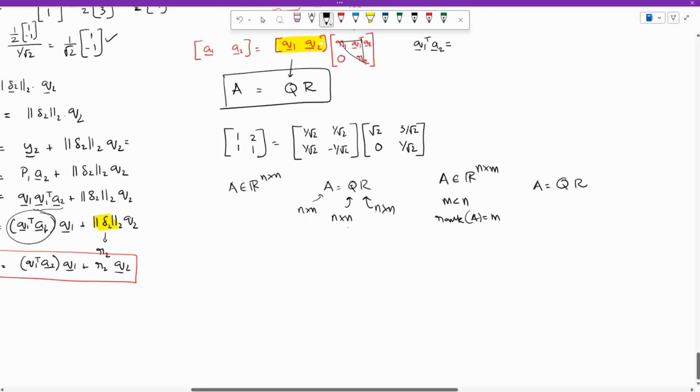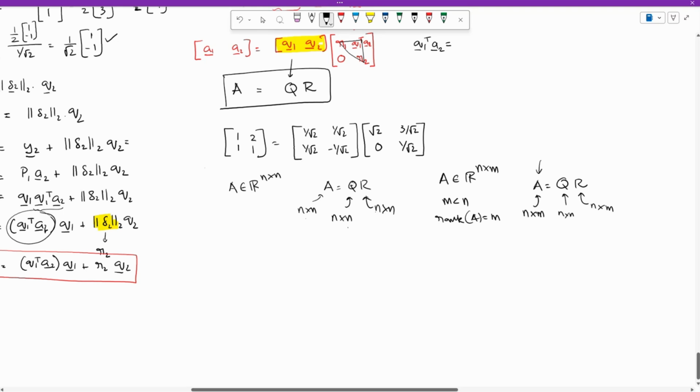What will be the shapes of the different matrices? This is, of course, n cross m. Sorry, the first one is n cross n. Okay. That's possible, right? But let's see if that makes sense.